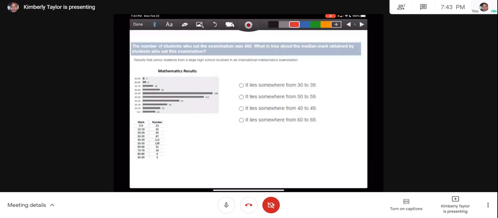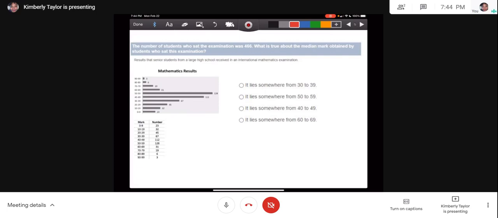For the next question, it says the number of students who sat the examination was 466. What is true about the median mark obtained by students who sat this examination? Now, this one is a funny question when it comes to the actual marks.